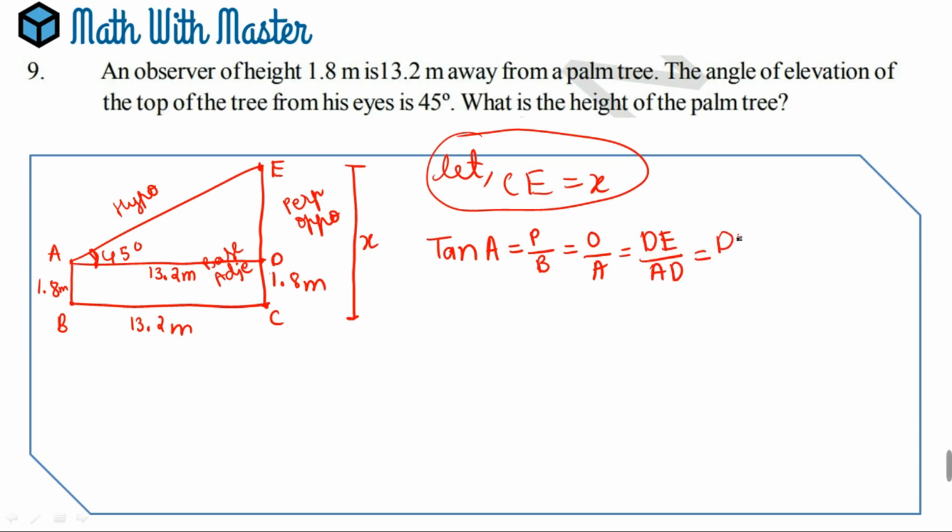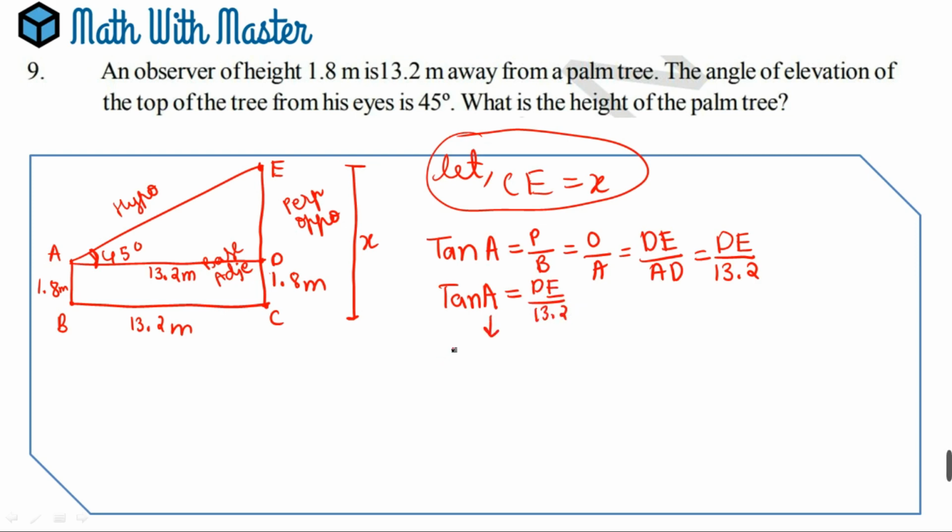We will keep DE as it is because that is what we have to find, and AD is 13.2 meters. So tan A is equal to DE upon 13.2.